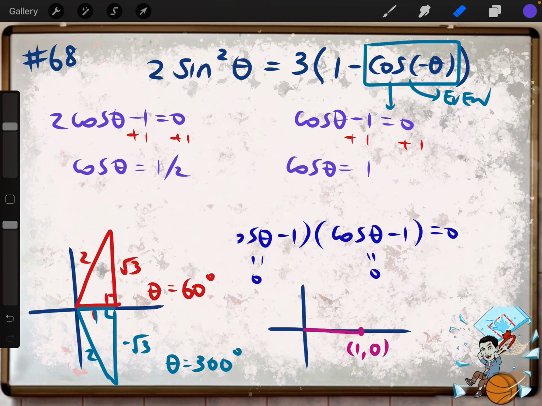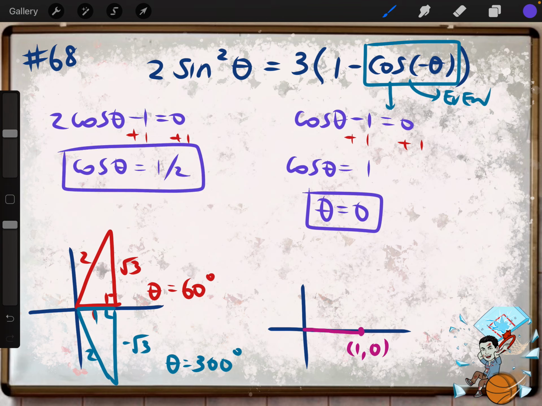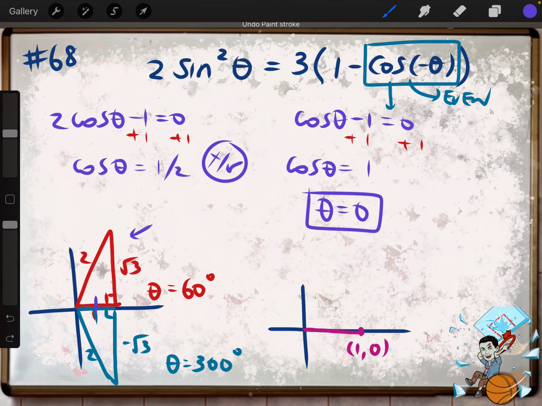So for the one with a positive 1, let me erase this. Pretty simple. It's going to be the one with 0 degrees, so you can just say theta equals 0. It's going to be one of your answers. For cosine theta equals 1/2, since this is x over r, your x is going to be 1, and you get 1 in quadrant 1 and another in quadrant 4.